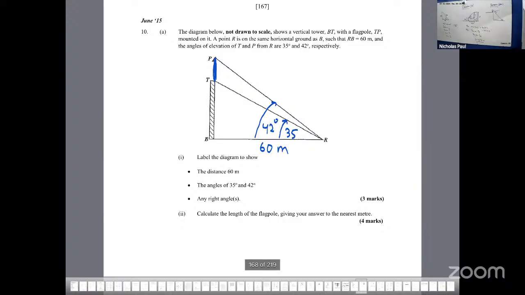Remember you want the pole, right? The pole is PT. And the pole is right here. The pole is PT. The tower is PT. But this is the pole here. The pole on top is building. Yeah, that's there.